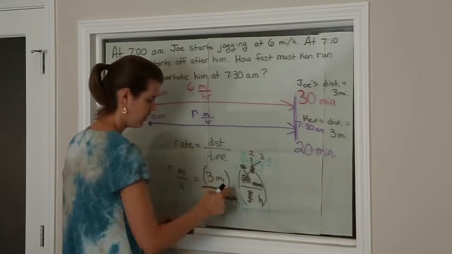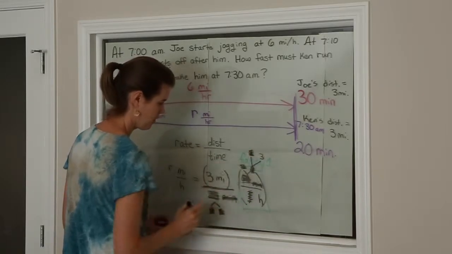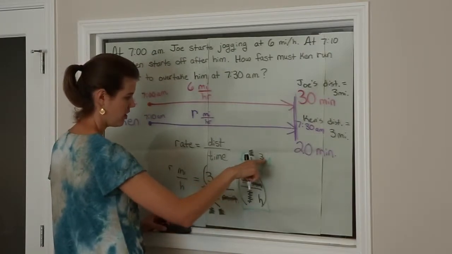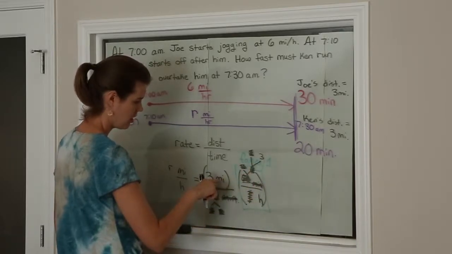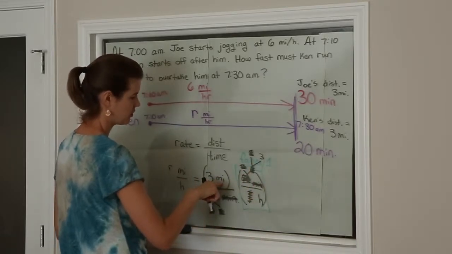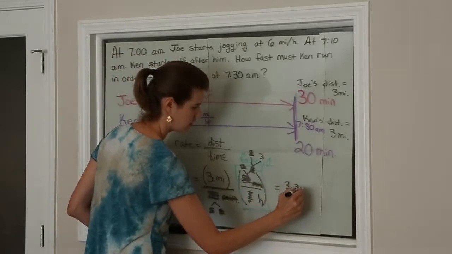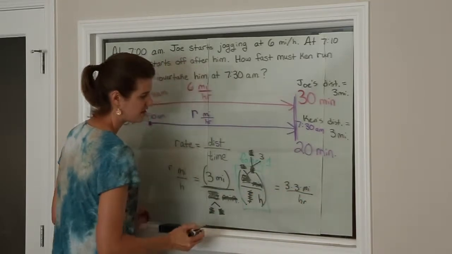A 2 in the numerator and a 2 in the denominator, those would cancel. So you have a 3 here in the numerator, you have a 3 here in the numerator, nothing in the denominator except hours, and your unit in the numerator is miles. So we've got 3 times 3 miles over hours. Your 3 times 3 is 9.